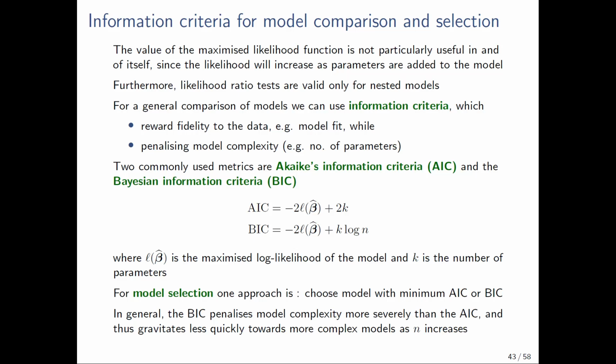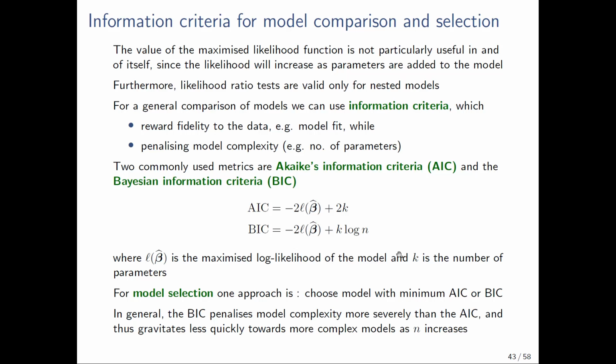Two commonly used metrics are Akaike's information criterion and the Bayesian information criterion, or the AIC and the BIC. The AIC is defined as minus 2 times the maximized log likelihood plus 2k. The BIC is minus 2 times the maximized log likelihood plus k log n.